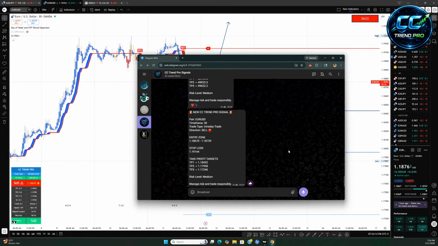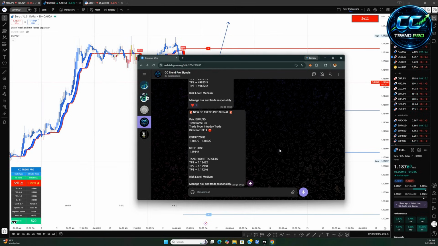So just to make it nice and easy for everyone, but make sure when you're getting these signals, they are just going to help you automate the process, but you need to do your due diligence before you blindly take these buy and sell signals. Do not, and I repeat, do not just blindly take these signals. Make sure you're looking at the higher time frame to know whether you're trading with the trend or against the trend.